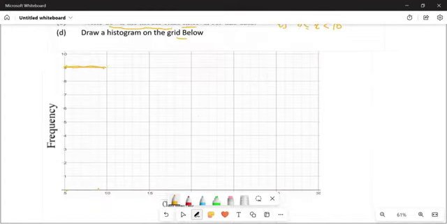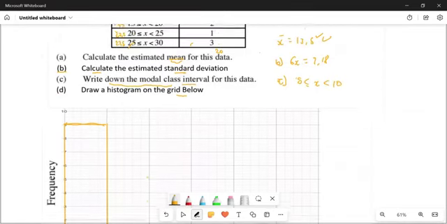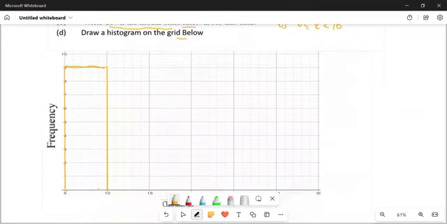A histogram is continuous. Okay, and then the next one, we have 10 to 15. 10 to 15 is 5. You go to 5, 1, 2, 3, 4, 5, and then you have something like this.